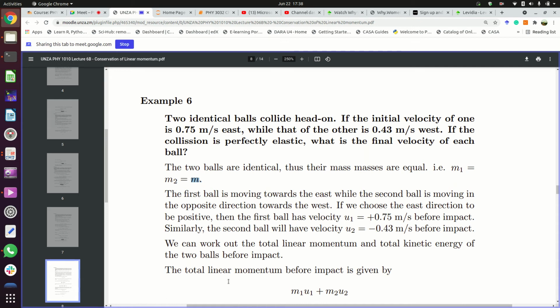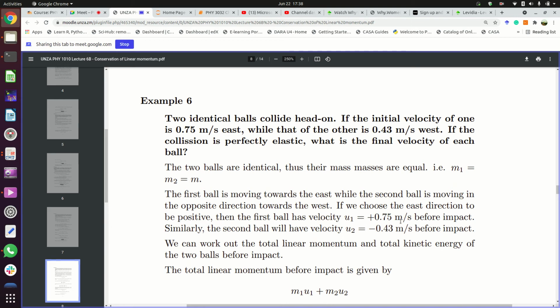The velocity of the first ball, which is moving east: since we choose east to be the positive direction, it is going to be denoted with a positive sign. So we write U1 equals plus 0.75 meters per second.